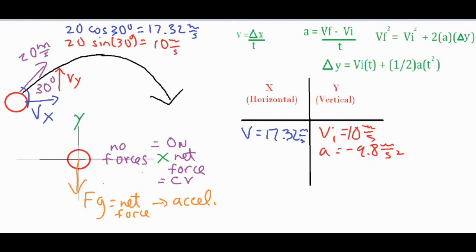So what we can do is, if we wanted to solve for something like a delta x, we could do a few different steps with that. So we can say that the initial velocity is 10, and then when it comes back to ground level, it's going to be moving the same exact velocity, but downwards, so that's negative 10. So we can go ahead and plug that into this formula right over here, and that's going to allow us to get our total time.